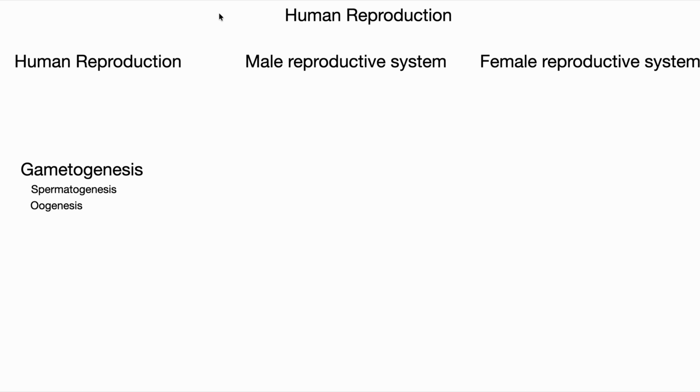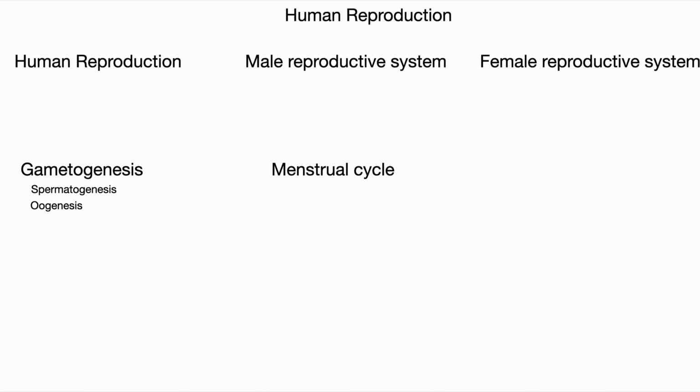Inside, the secondary oocyte is getting a membrane called the zona pellucida. Now, during ovulation, this Graafian follicle ruptures and the secondary oocyte with its zona pellucida is released outside the Graafian follicle. So, during ovulation, the female gamete is released at what stage? Secondary oocyte with its membrane, the zona pellucida.